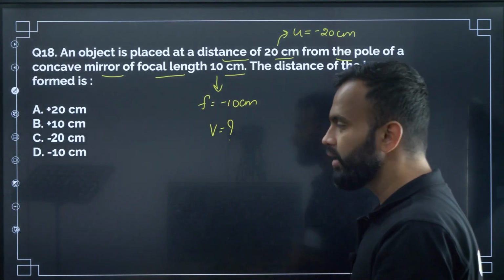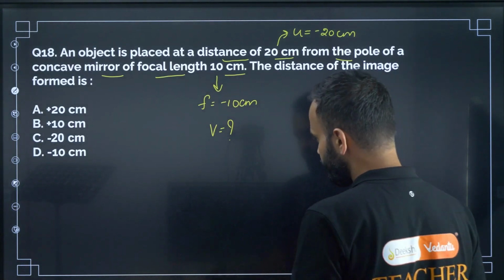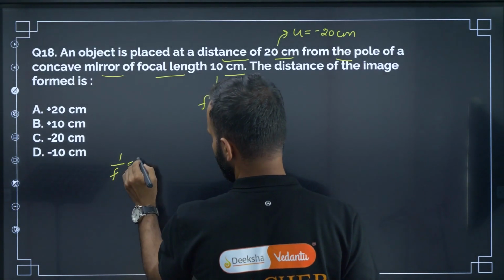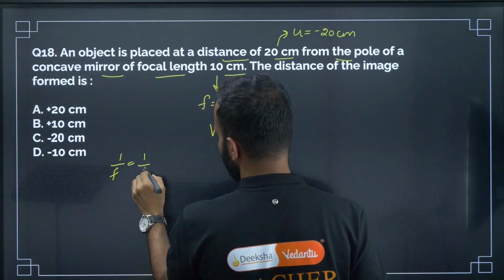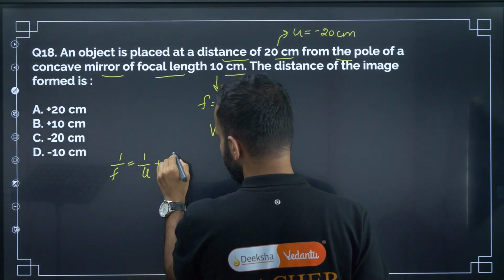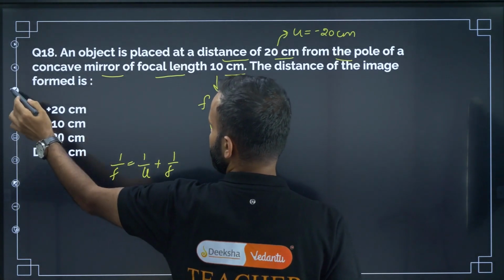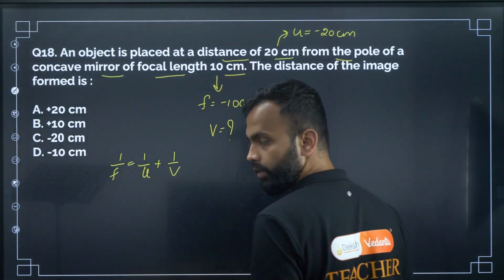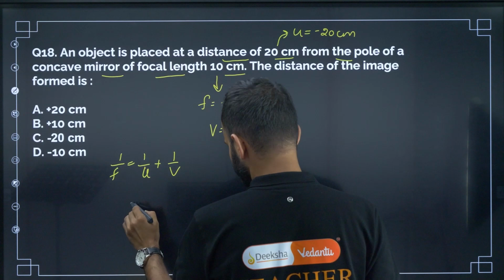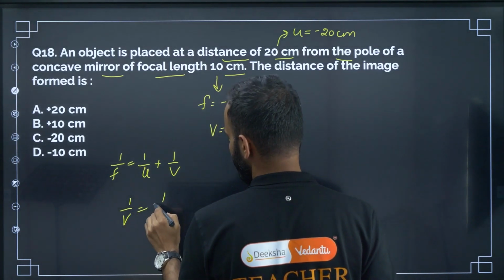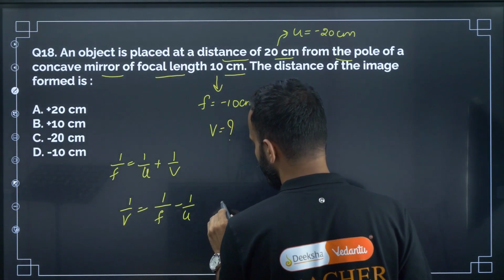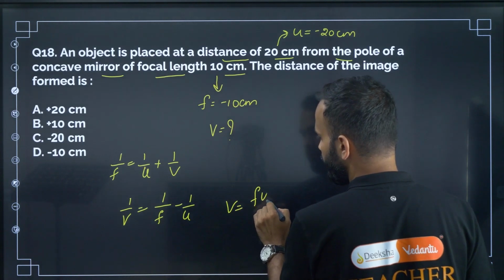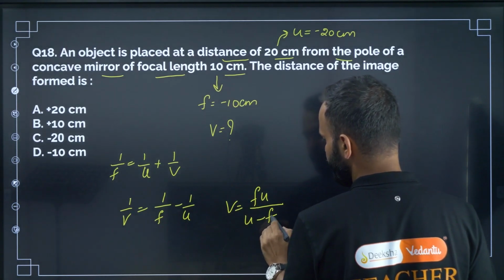Very simple question, apply the mirror formula. 1 divided by f is equal to 1 by u plus 1 by v. So 1 divided by v equal to 1 by f minus 1 by u, so v equal to f into u divided by u minus f.